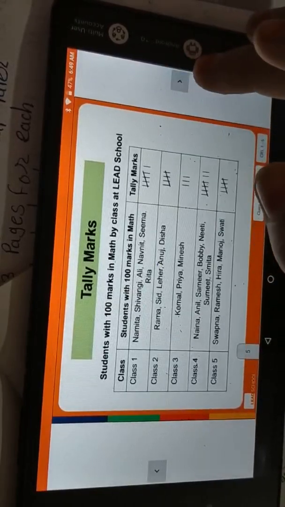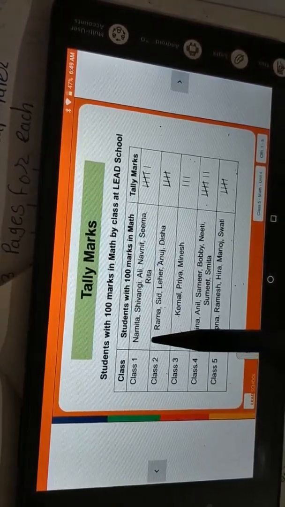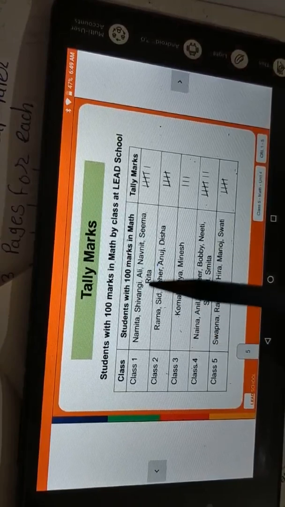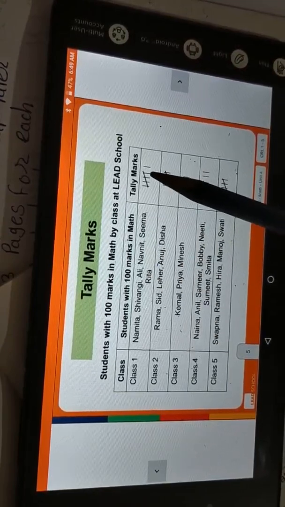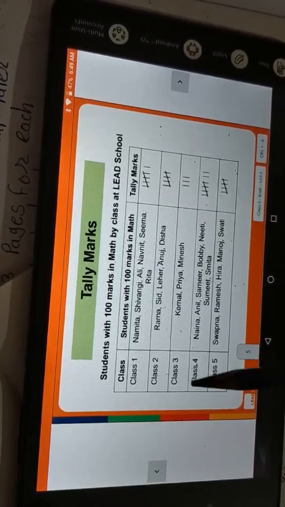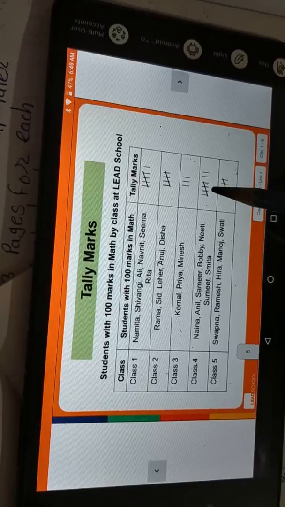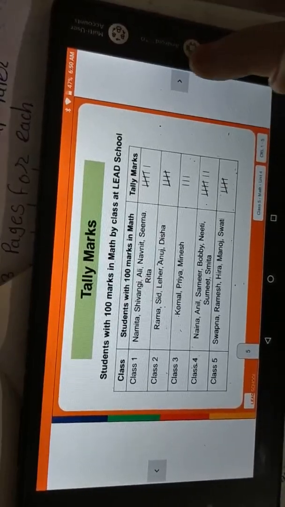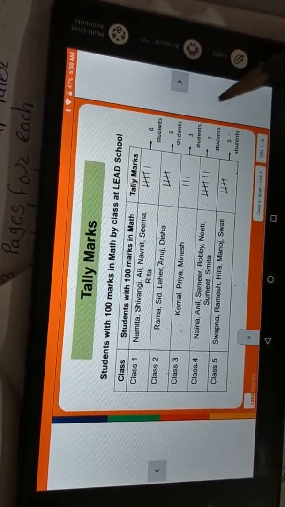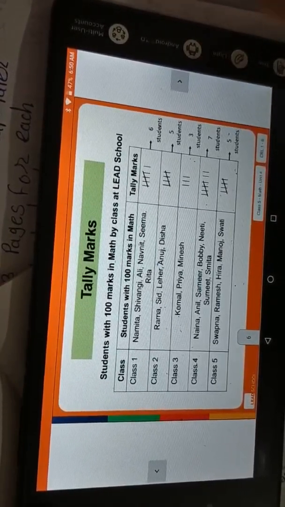So in class 1, the number of students is 6, so we have to draw 6 lines and one cross-out line. Then again 5, 3, 7 and 5.